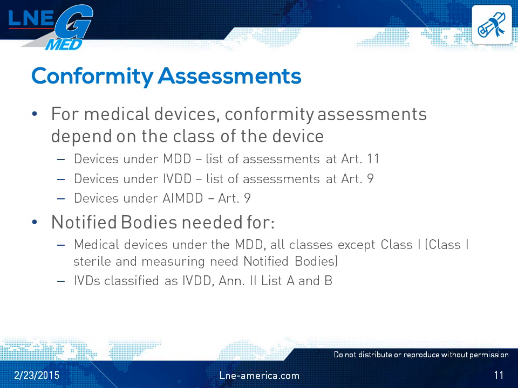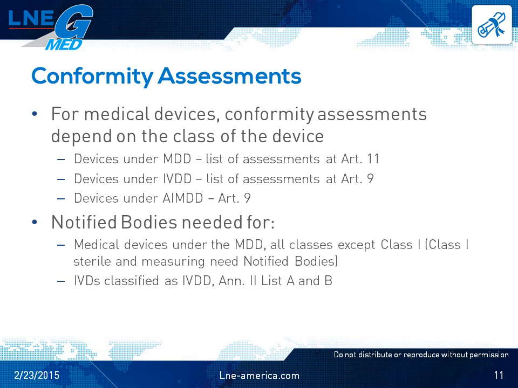The directive pretty clearly points out which conformity assessments go with which classes, and for most classes of devices, there's a choice as to which conformity assessment you can do. This choice is strictly up to the manufacturer, not the notified body, based on the business model, the device, and how much each assessment costs.